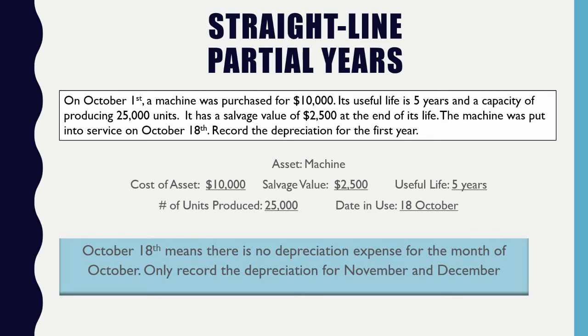Well, October 18, what does that tell you? When do you start depreciating? November. You start depreciating the month of November. So therefore, you got November, and then you got December, and that's it. So you only got 2 months.